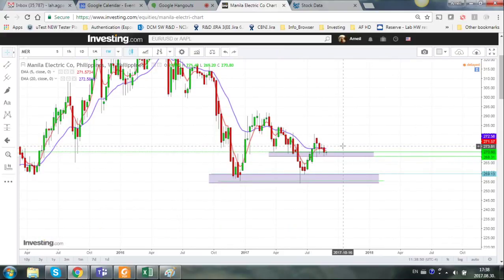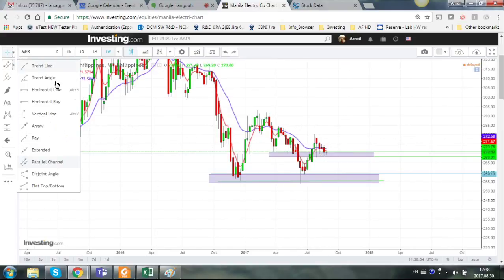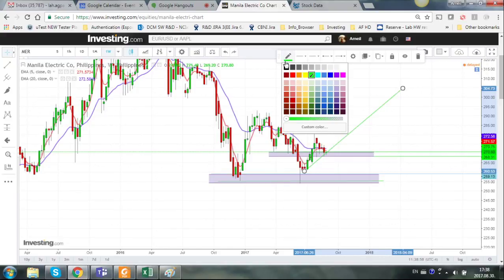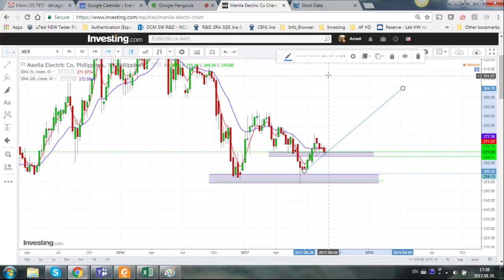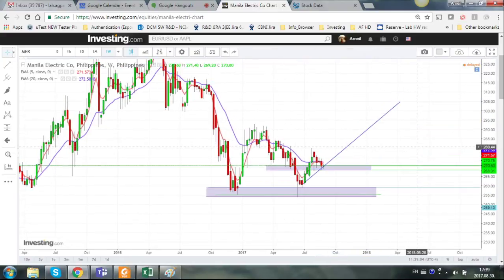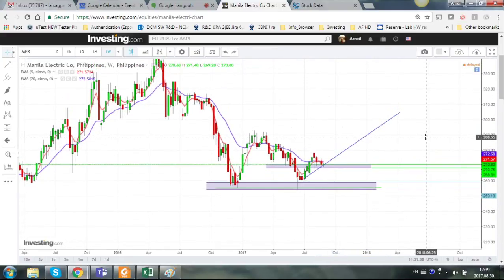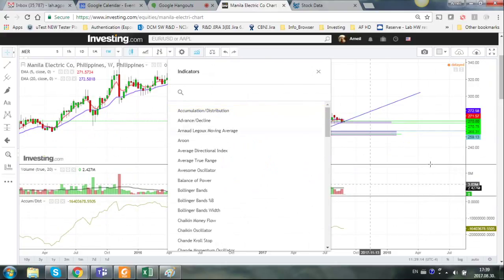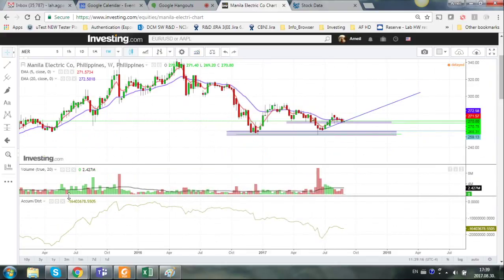So we don't know. So we are not yet sure kung tutuloy ba yung trend from here. Of course, we will be able to know that using CCI. Diba? Kasi CCI is a good technical indicator for reversal. Or RSI. Or, okay, MACD, try to use MACD.